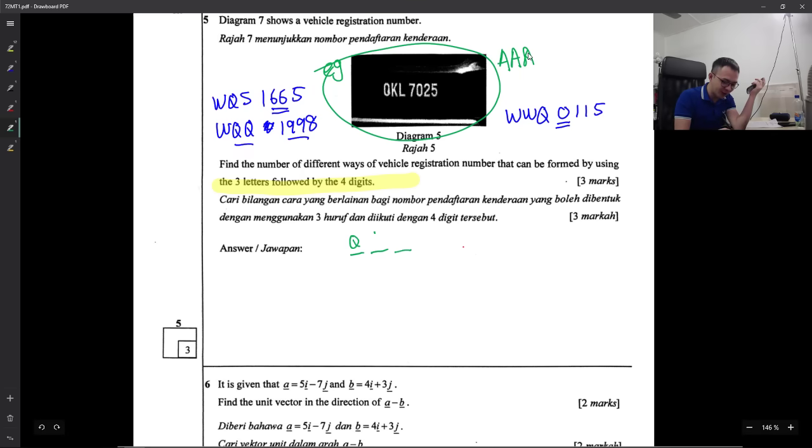The 3 letters QKL here, you can basically swap places among them, so it will be 3p3 or 3 factorial for this one.